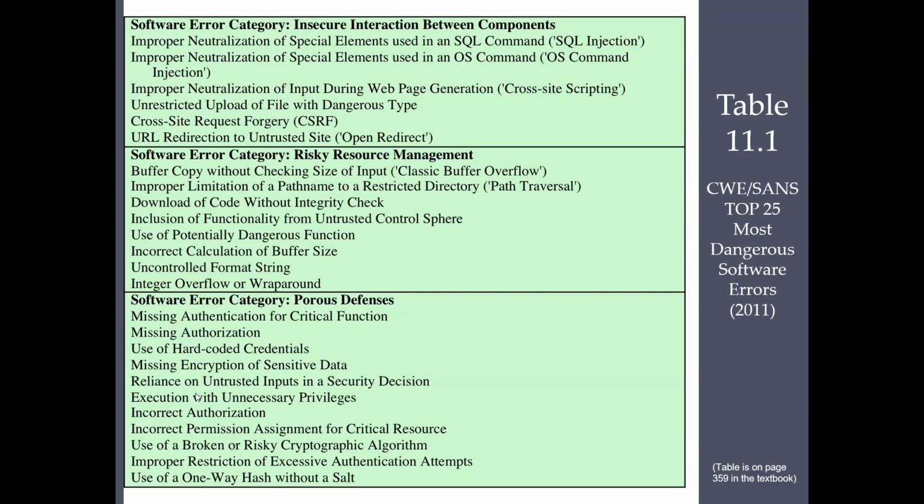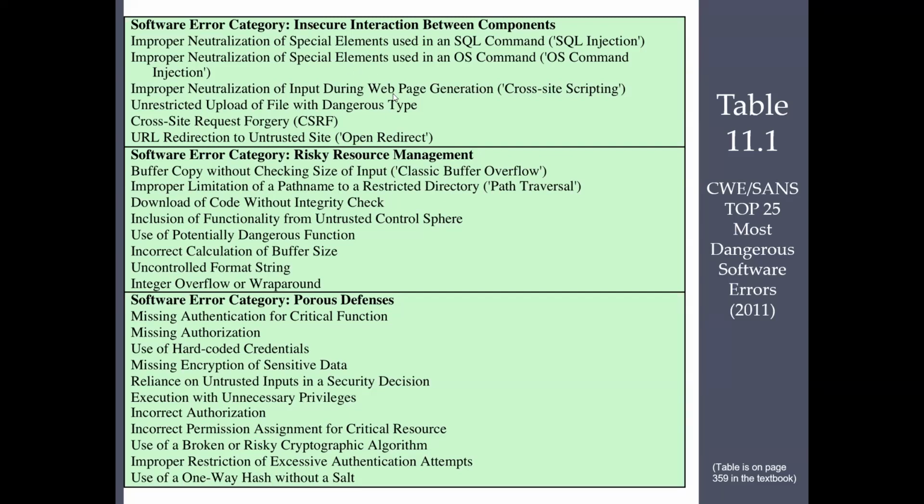This one, okay, so you don't have encryption, you don't have trusted inputs. It has to do with privileges. There are permission assignments. These are defenses of resources that have holes in them. Any questions about the three broad categories of software errors or software challenges?